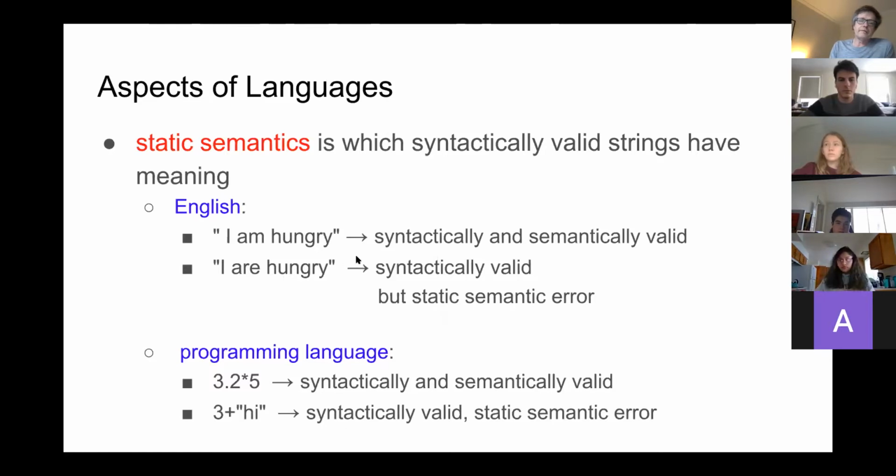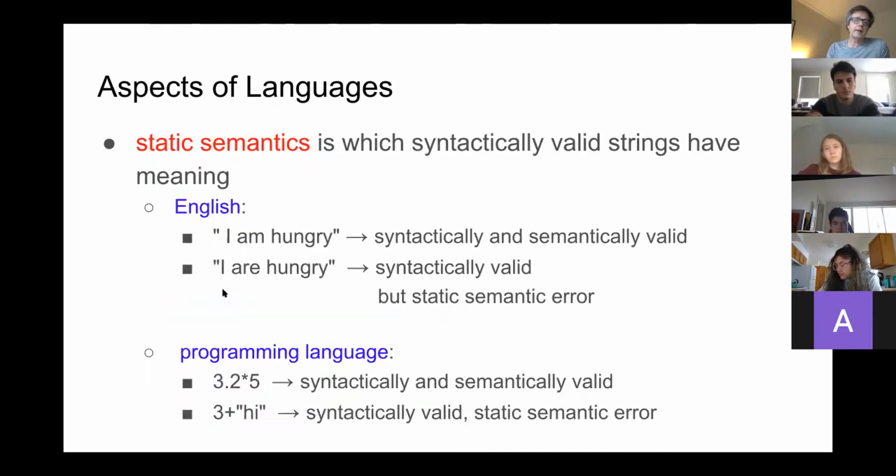But the point is that we've put things together in a way that don't work because the verb is supposed to agree with the subject, and this is singular and this is plural, right? So we can't put a singular subject with a plural verb. So we need to say, I am hungry. So although it's syntactically valid, it's semantically invalid because they don't work right together.